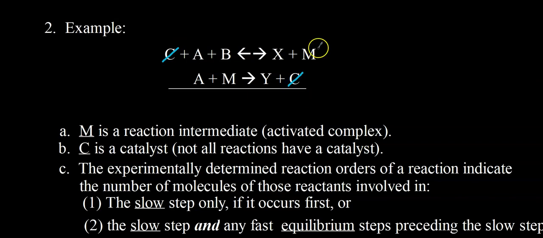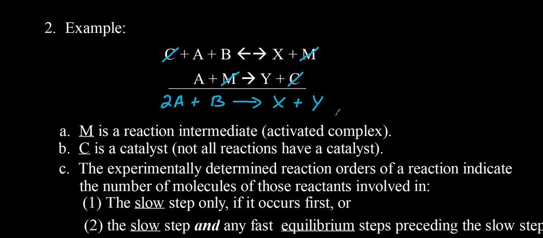We have M that is produced in the first step and consumed in the second step, so that's going to cancel as well. And I think everything else stays. So notice we have A's, two of them on the left side, so let's combine those. So we get 2A plus B makes X plus Y. All right, so those things we cross off, what are they?